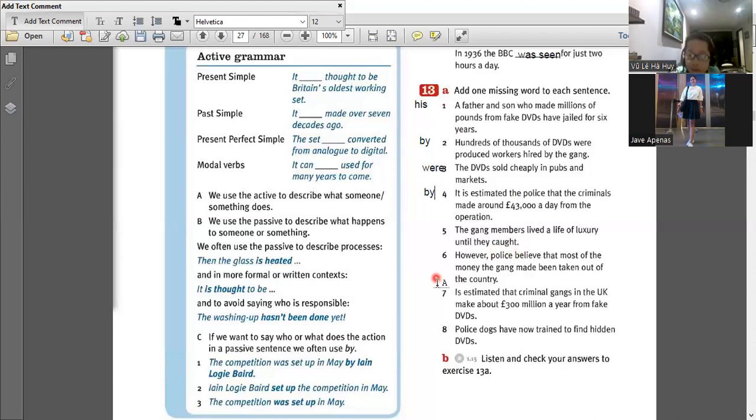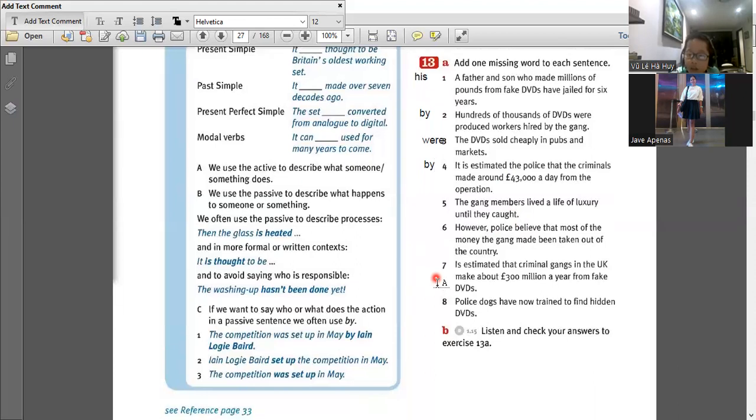The gang members lived a life of luxury. Live for a life of luxury.